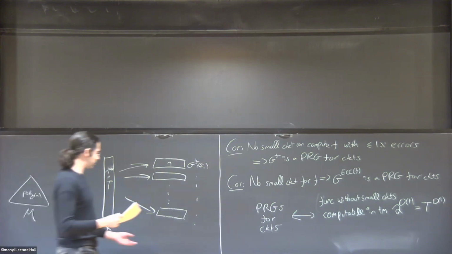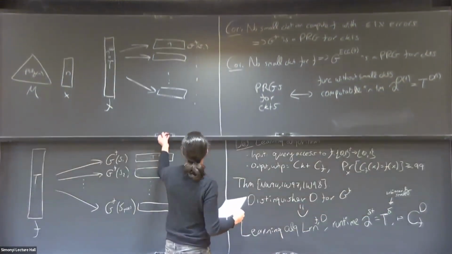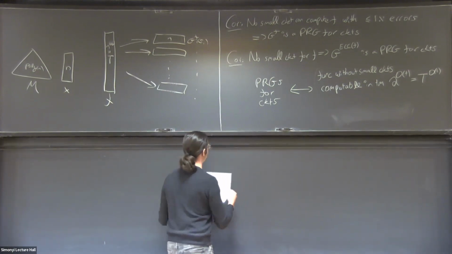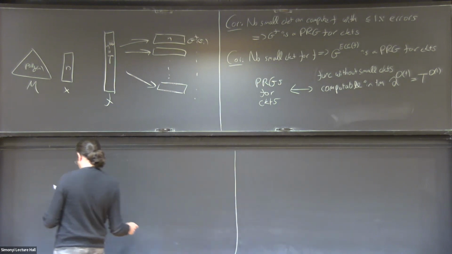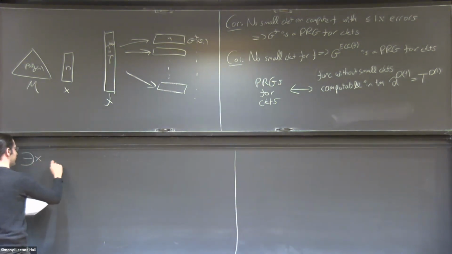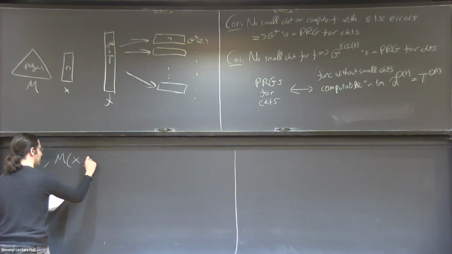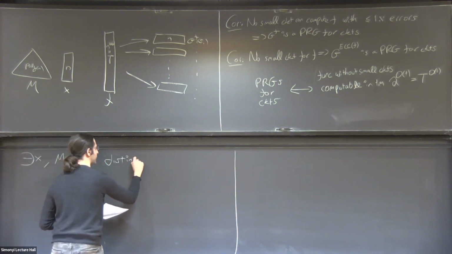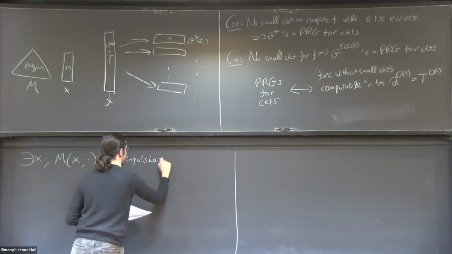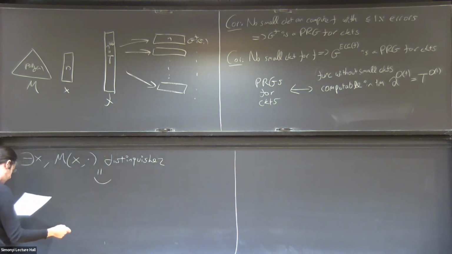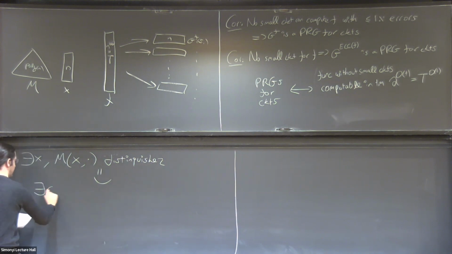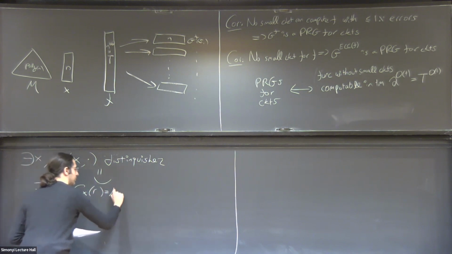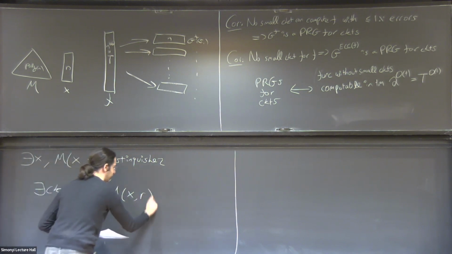And why does it work? Well, assume that there exists x such that M with input x is a distinguisher, meaning that it behaves differently on the pseudo-random set and on full random sets. In this case, the following circuit is a distinguisher. The circuit C sub x that takes an input and evaluates M with input x with this input.